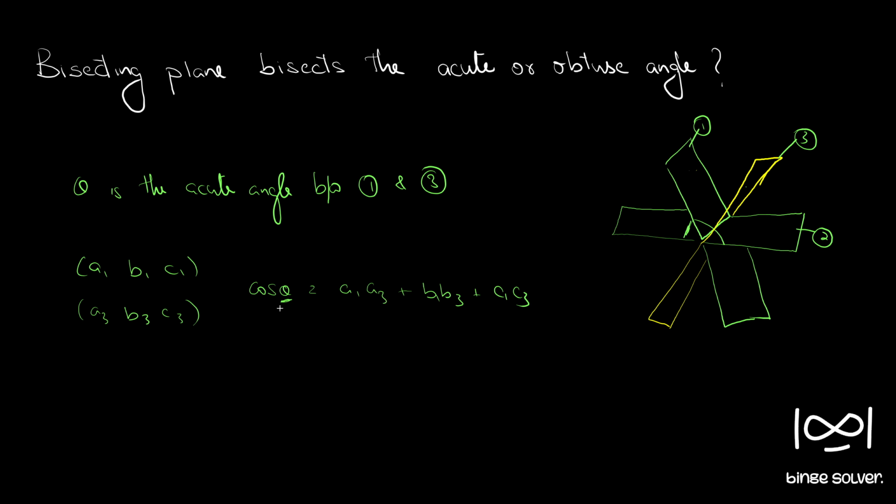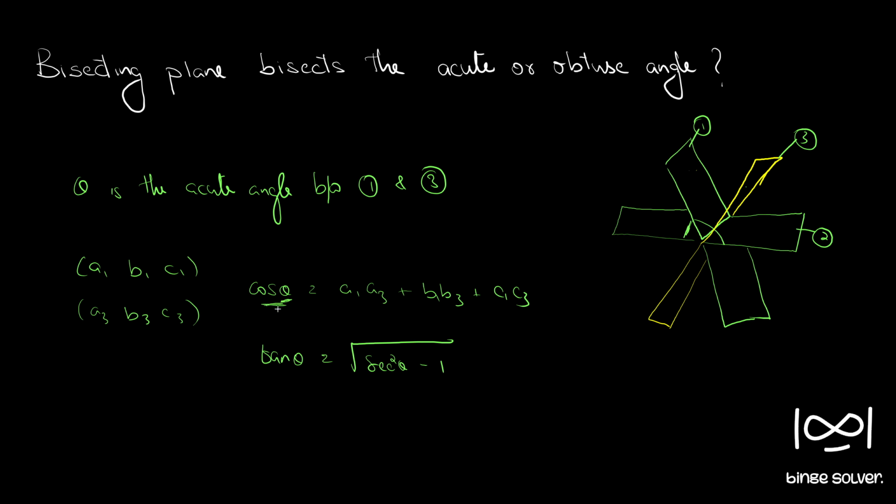So we will take the acute angle between these two planes, and once we get it, we will check what tan theta is. Tan theta is nothing but root of sec square theta minus 1.